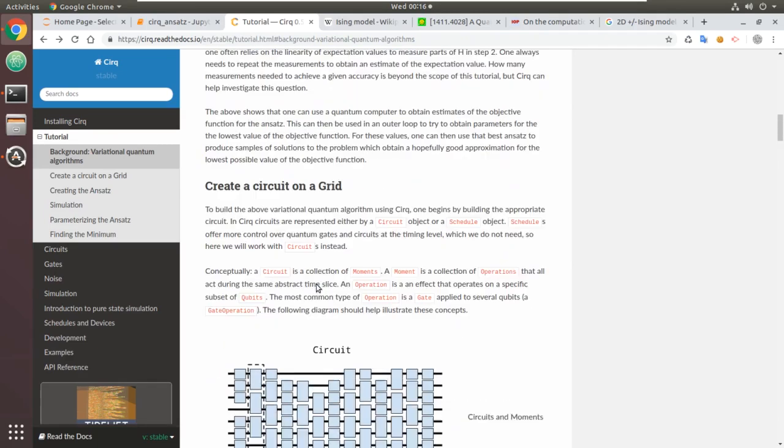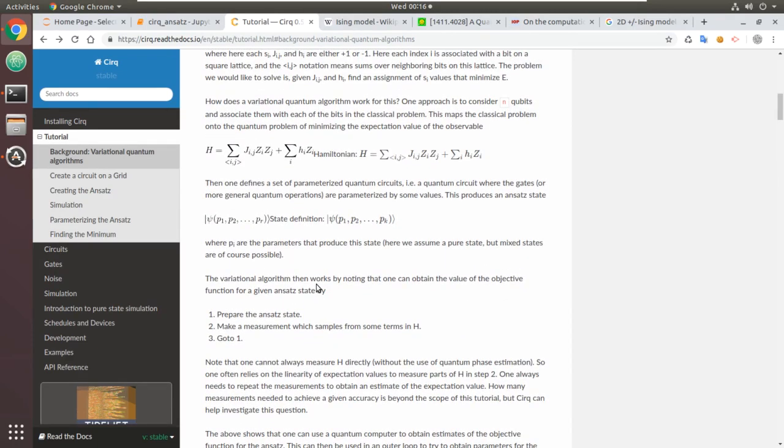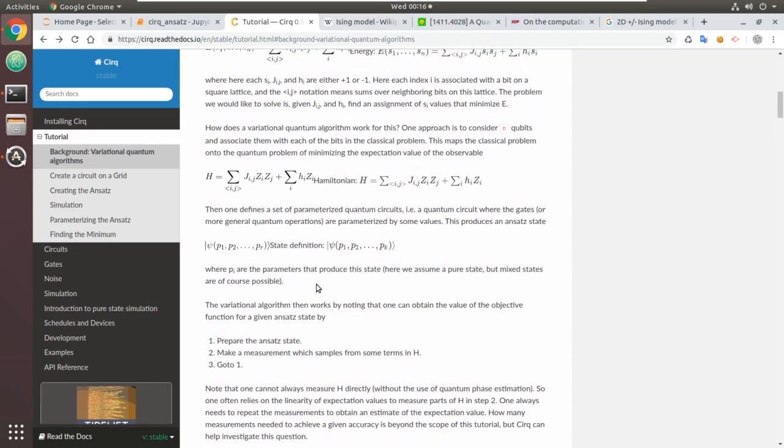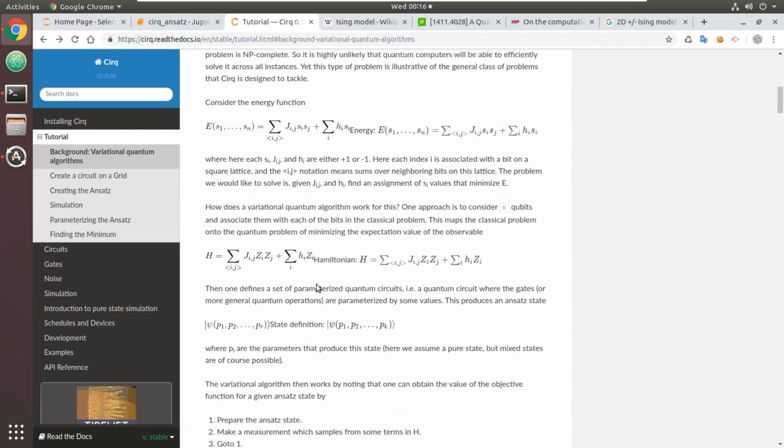Let me go back to the problem definition. Where each s_i, J_ij, and h_i are either -1 or +1.